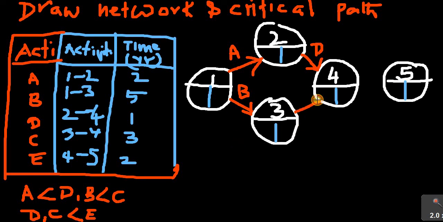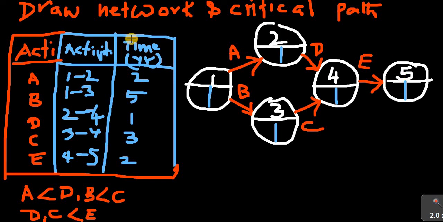So C must come here. Then afterwards D and C must be finished, then only E should start. So E. Now all the conditions, the logical sequence, are satisfied here, and the activity nodes also satisfy every condition.